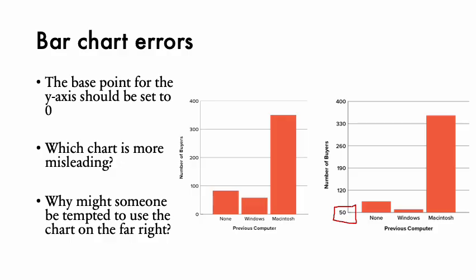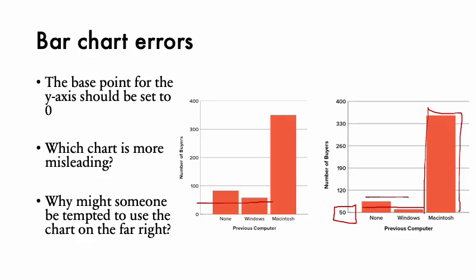Right. So when we do that, what it basically does is it'll make our largest category appear even larger relative to our other categories, because basically what we're doing is we're slicing off a chunk of the bottom from our other categories.